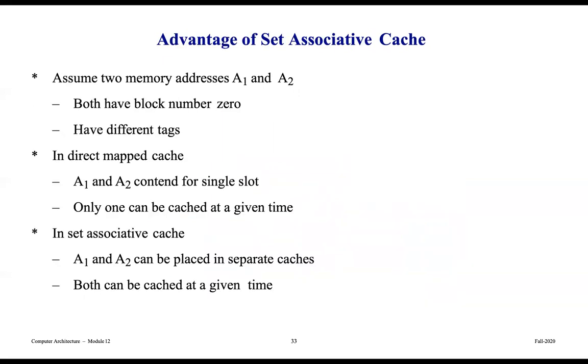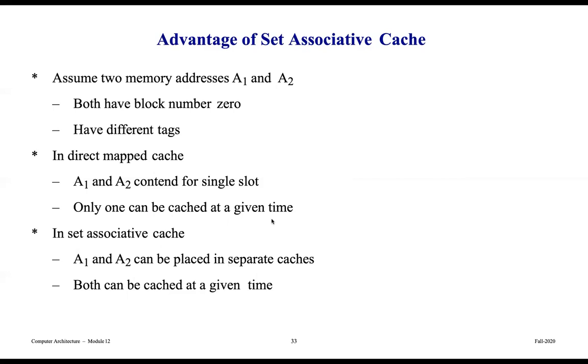So what are the advantages of a set associative cache? It assumes two memory addresses, A1 and A2. Both have block number 0, and they have different tags. In a direct map cache, A1 and A2 contend for a single slot. Only one can be cached at a given time.